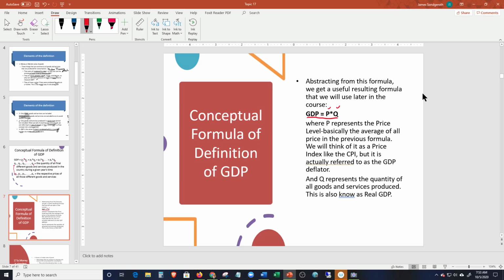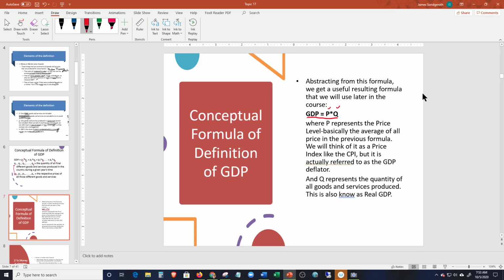But if you're not familiar with that concept, just think of P being like the average of all prices, and Q somehow the average of all goods and services, and you take them times each other and you get this nominal GDP. Okay.